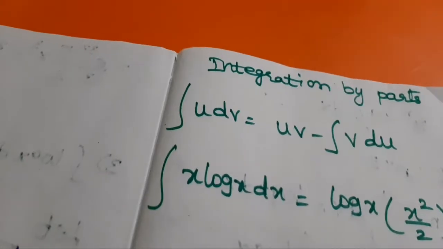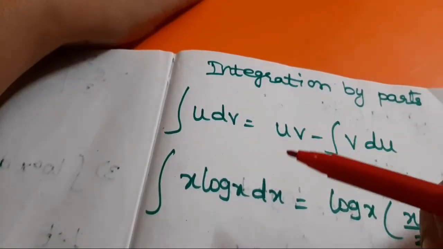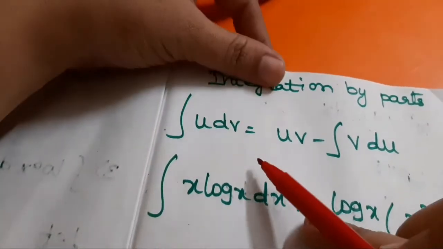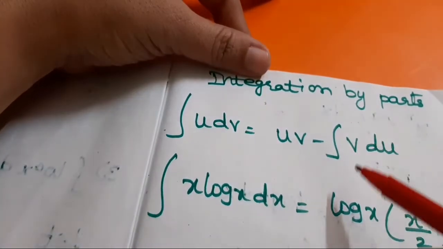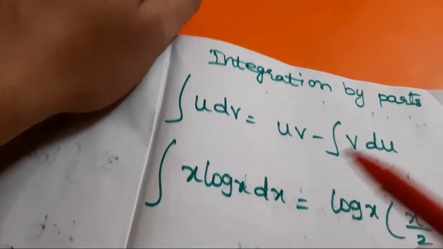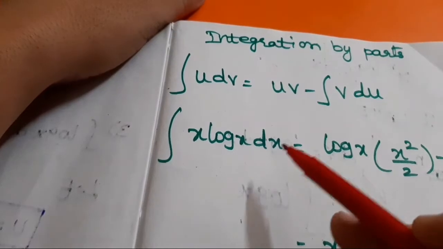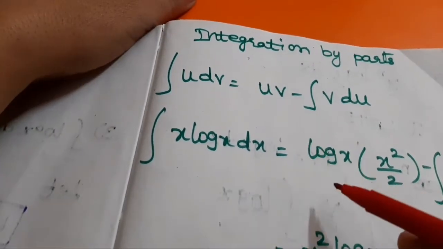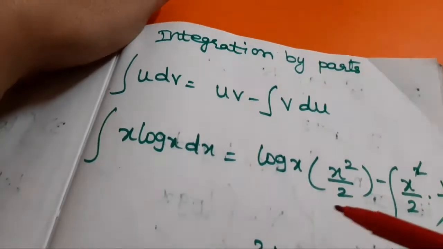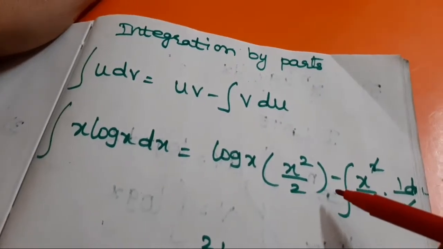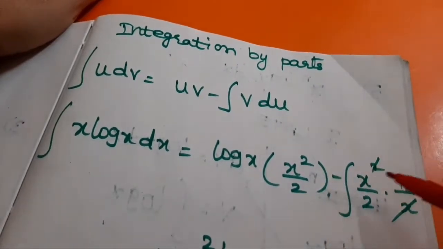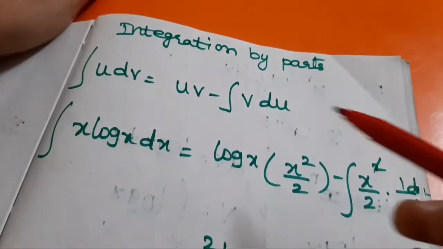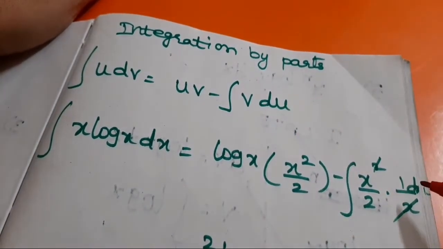Okay. So, the integration by parts formula is integral u dv is equal to uv minus integral v du. That is, integral of x log x dx is equal to u answer is log x, v answer is x square by 2, minus integral of v answer is x square by 2 and du answer is 1 by x dx.